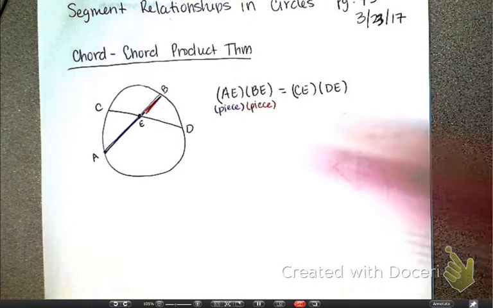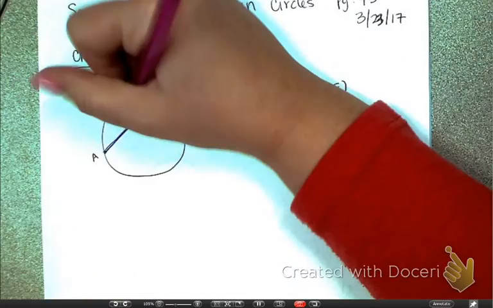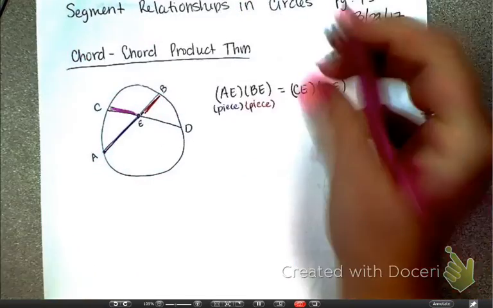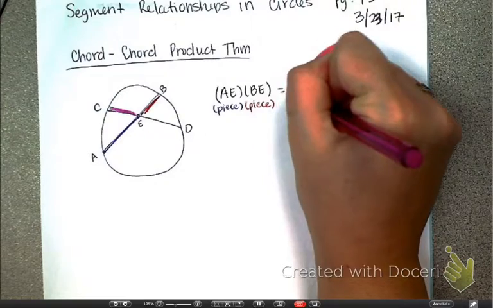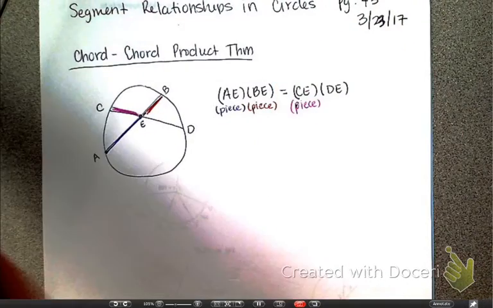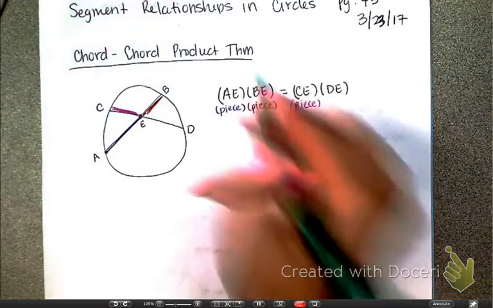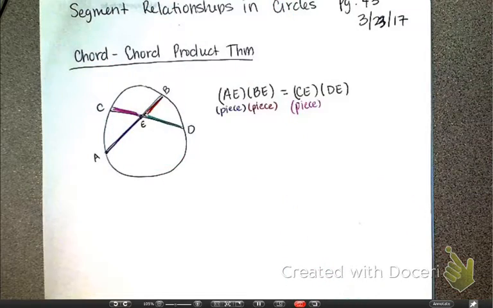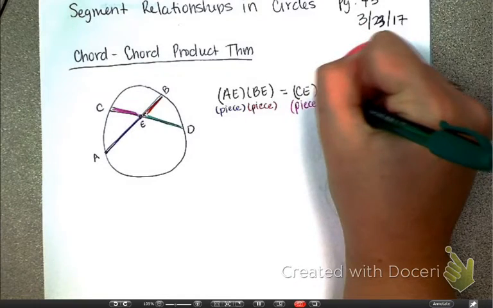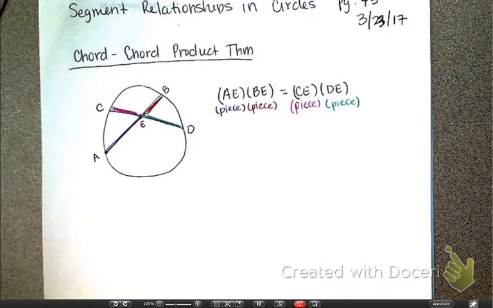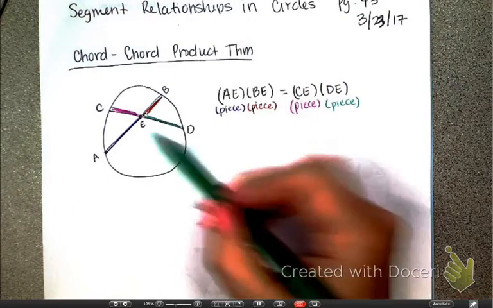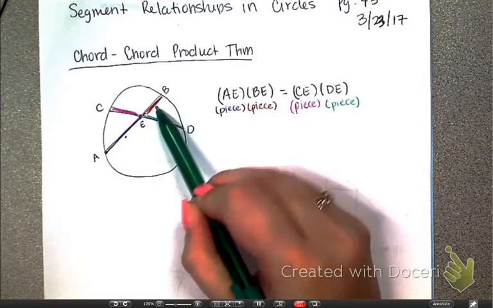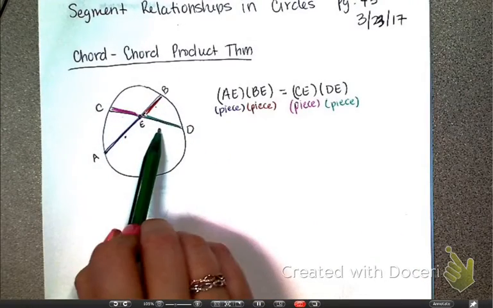And that's equal to CE, which is a piece of the other chord, times DE, which is the piece of that second chord as well. So it's piece times piece equals piece times piece.